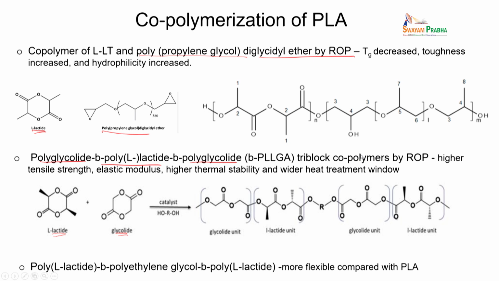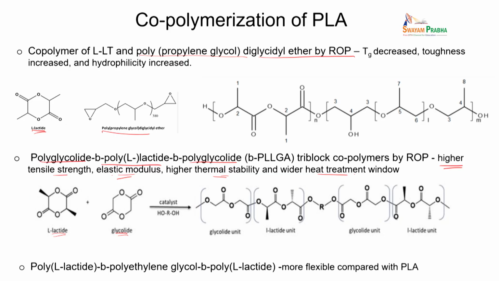These kinds of polymers are shown to have very high tensile strength, elastic modulus, high thermal stability, and a wider range of thermal conditions so that you can do extrusion, blow molding and other things. This kind of copolymerization is typically done to improve glass transition, thermal stability, tensile strength, hydrophobicity and other things.